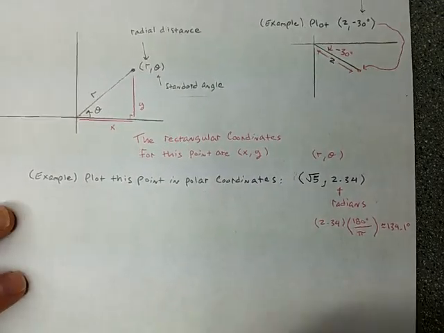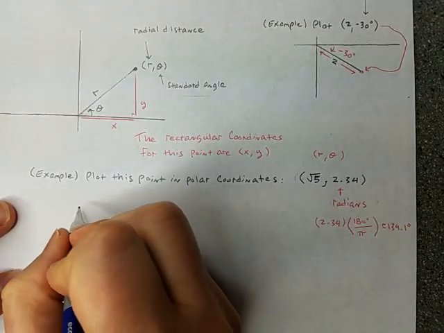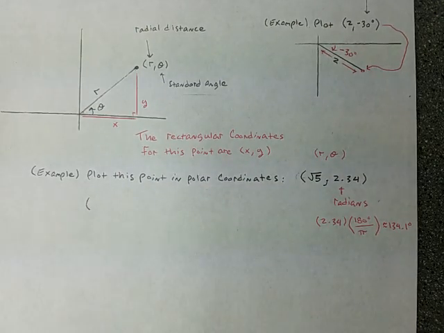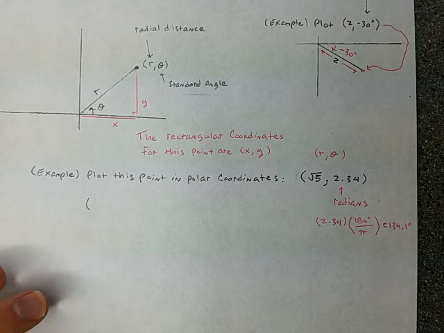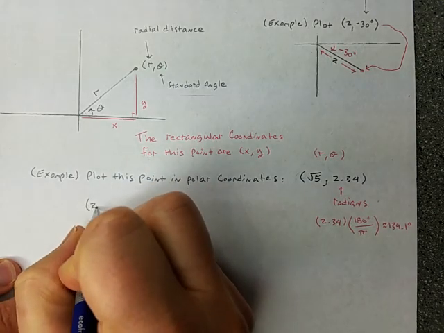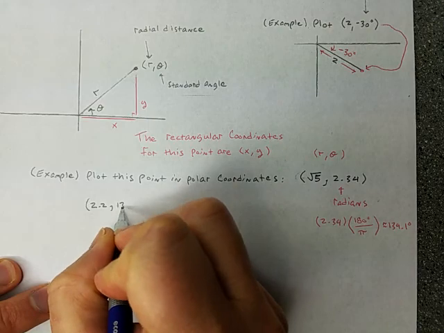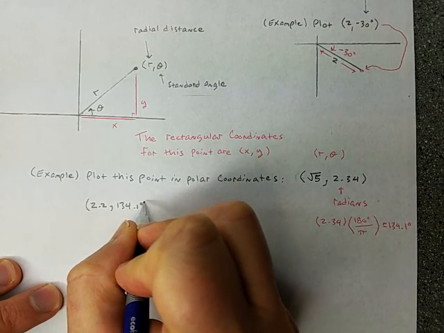Let me rewrite it over here. My point has r equal to root 5, and root 5 is like 2.2 something. Let me do that by calculator also. Root 5 is 2.23. So let's say we've got 2.2 for r and 134.1 degrees for theta.